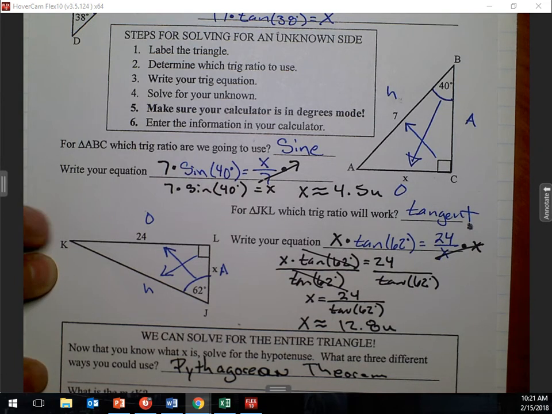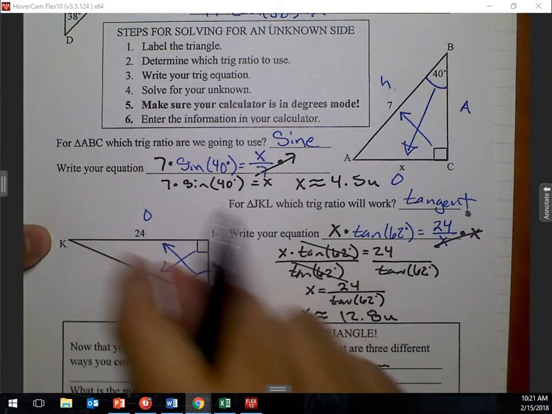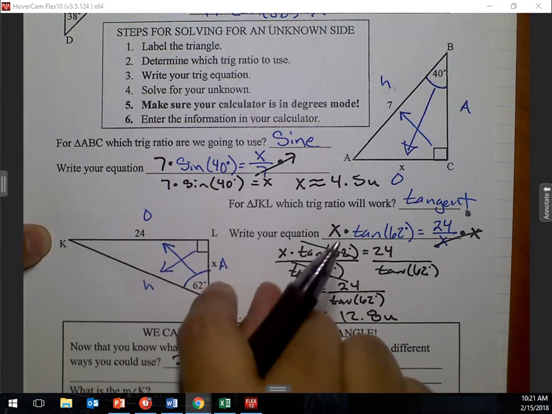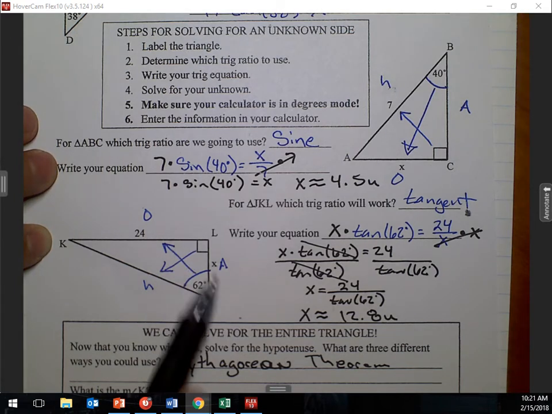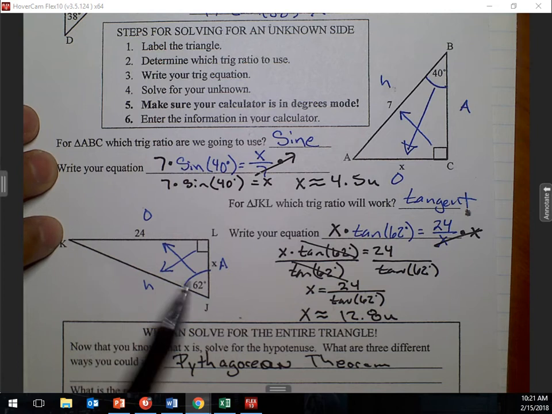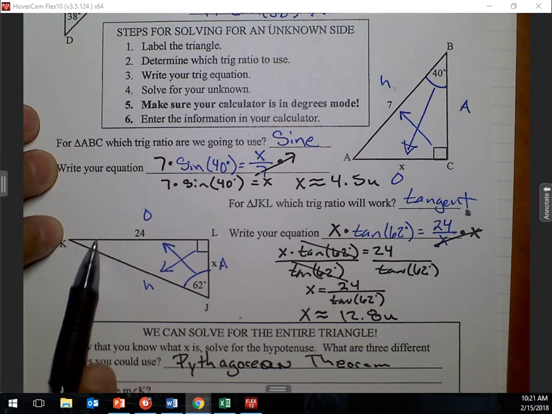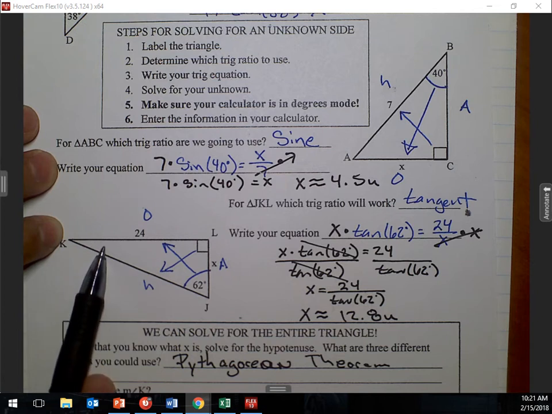And if I know this angle right here, these two angles together have to add up to how much? Not 180, all three add up to 180. So these two together are complementary. Very good, complementary. We went over complementary yesterday. So they together have to add up to 90.